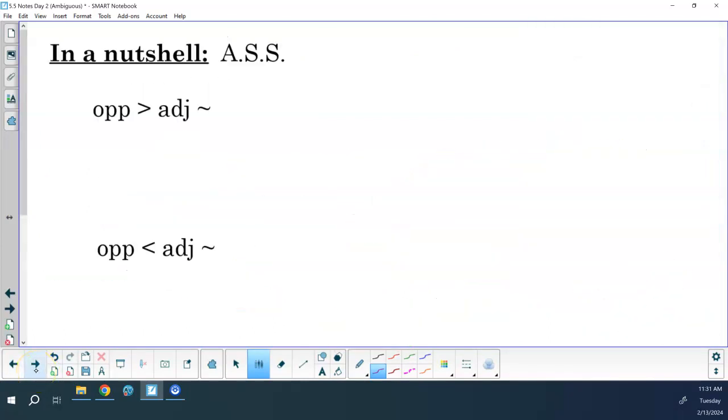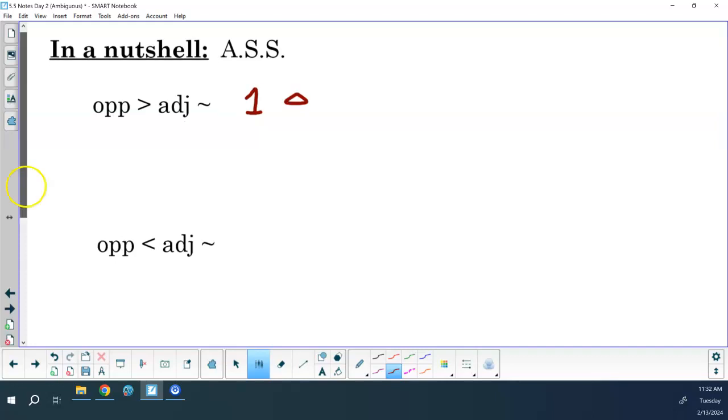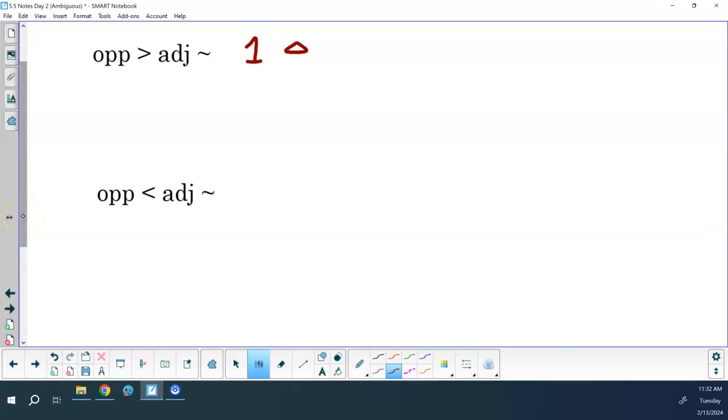So in all of those cases, you get one triangle. If your opposite side is bigger, one triangle. If your opposite side is smaller, that's where all the checks got to happen. You could get 0 triangles, you could get 1 triangle, or you could get 2 triangles.